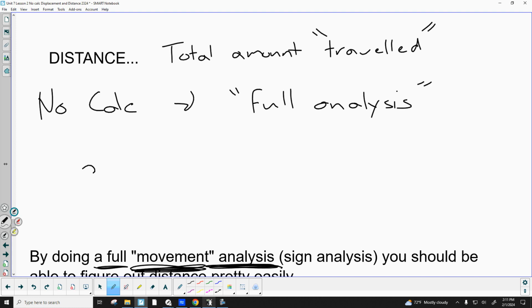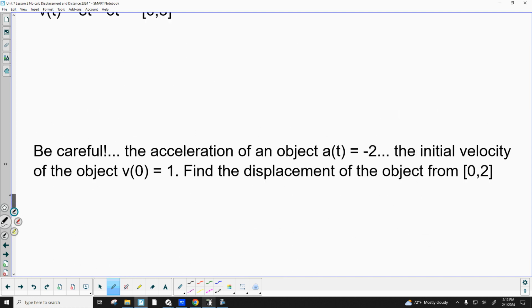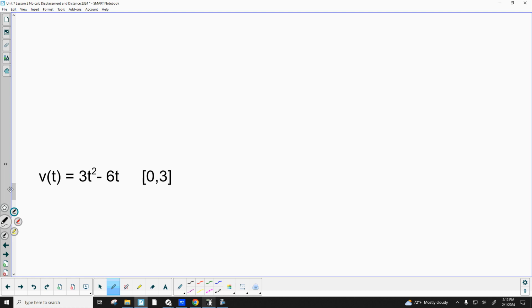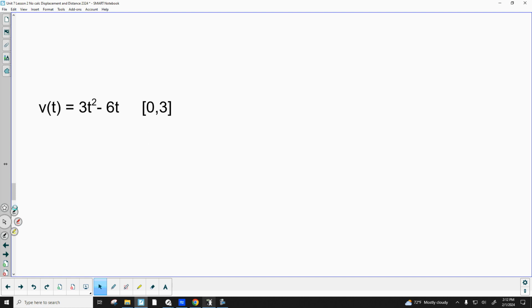If you have a calculator, there's a shortcut. We'll talk about this. All right, let's go to the third example on the previous page where we had our displacement of 0. I love this example where our displacement is 0 because we know we moved.